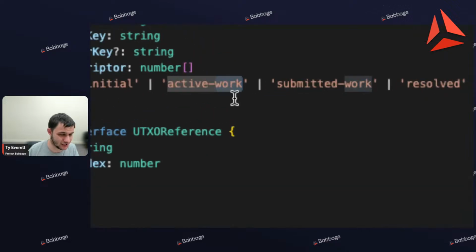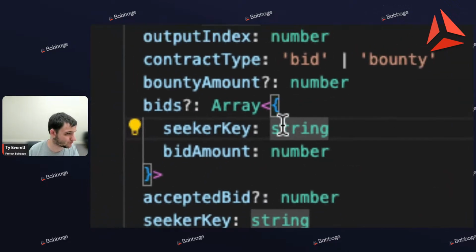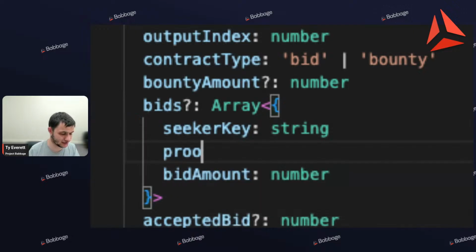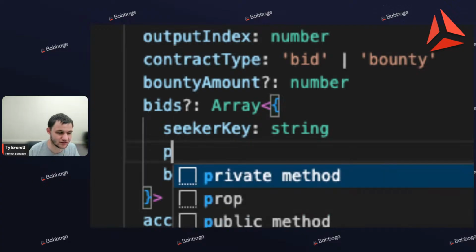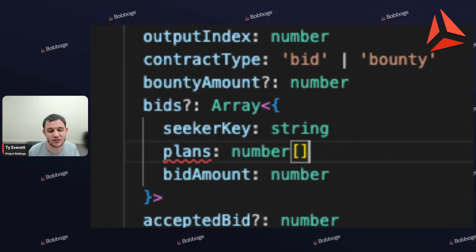Probably you're going to want some data. What is that called? No, it's not always a proof. Somebody, when they put a bid in, they can put maybe some plans. So you got a work description.